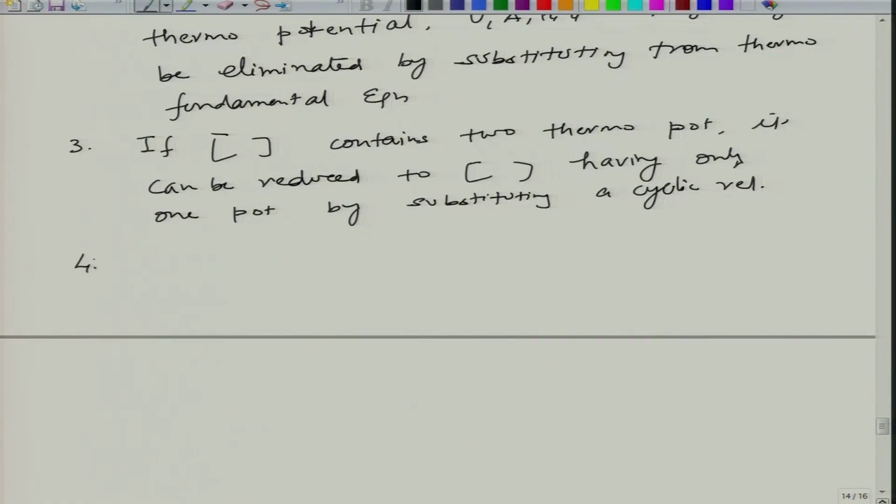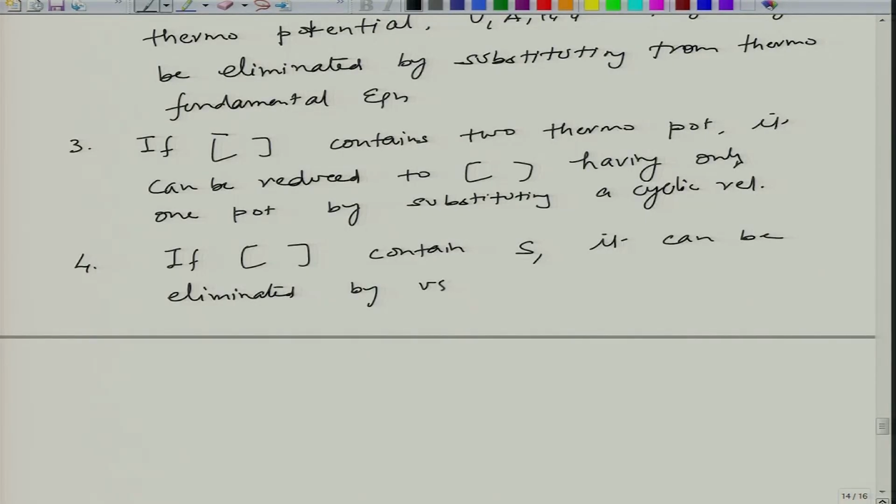Now, fourth, if the notation or expression contains entropy S, then it can be eliminated by using the Maxwell relation ∂(T,S) is equal to ∂(P,V), or use Cp or Cv.